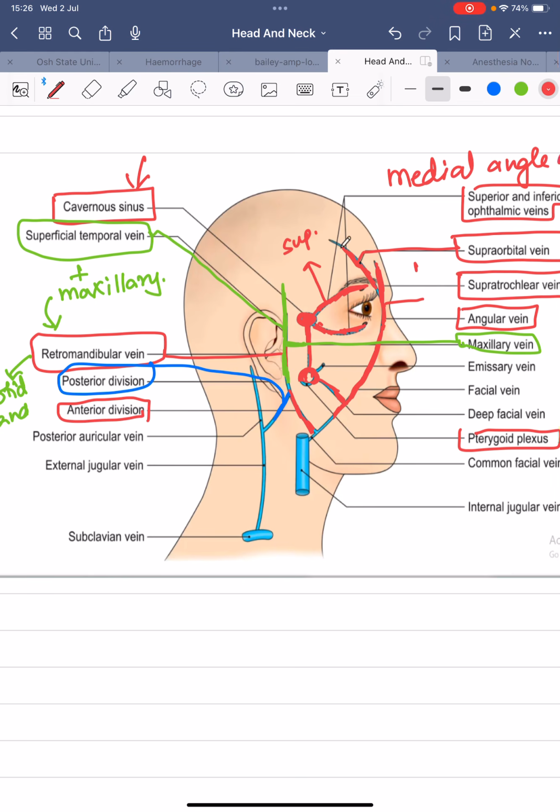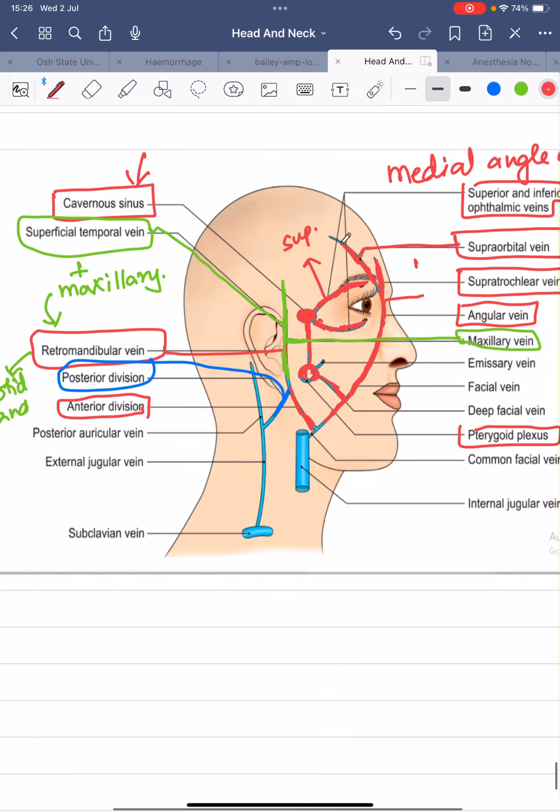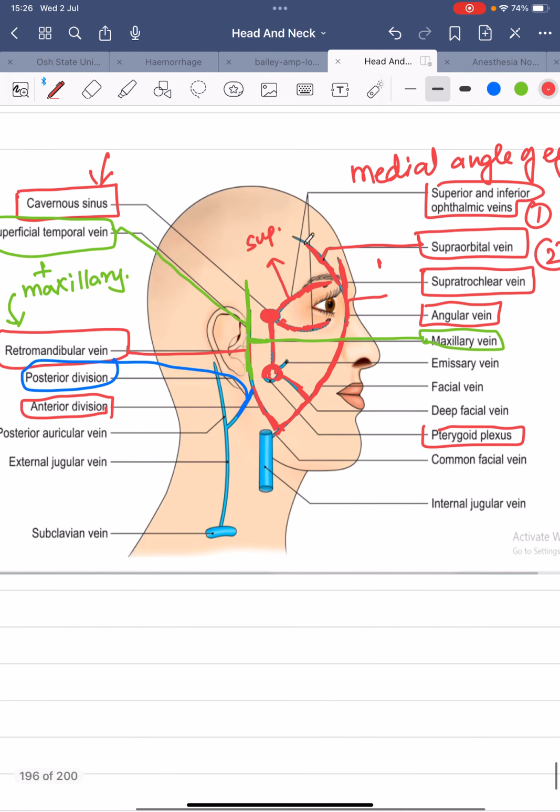Now this red one, the anterior division of the retromandibular vein, will join together with the facial vein. This one coming here is the facial vein, and when these two join together, they form your deep facial vein or common facial vein.